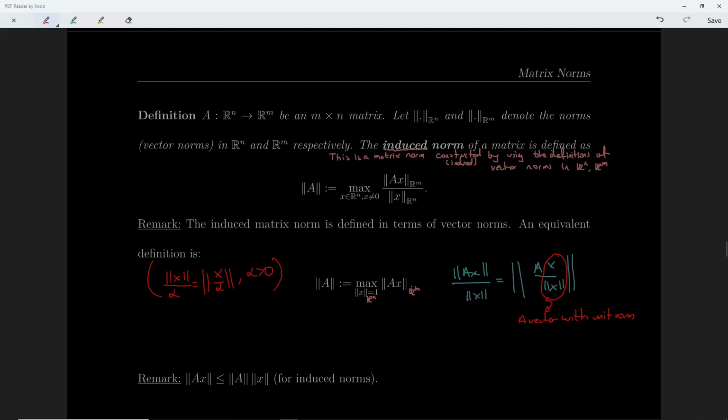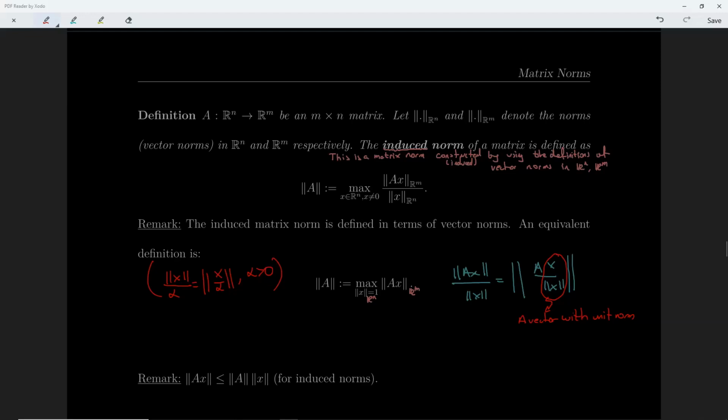So now we have two equivalent definitions. You either consider all x's in the n-dimensional vector space except for the 0 vector, and try to maximize the ratio of norm of Ax divided by norm of x, or you fix the norm of x to be equal to 1 and maximize norm of Ax by considering all the unit vectors in Rn which have norm equal to 1.